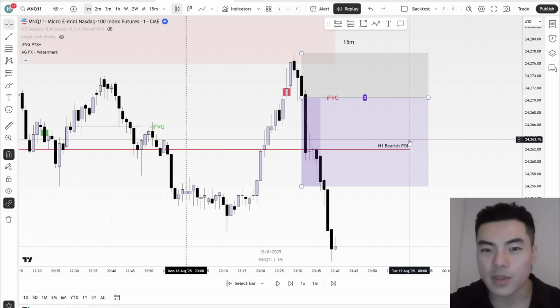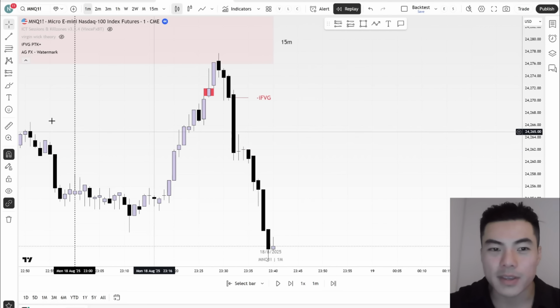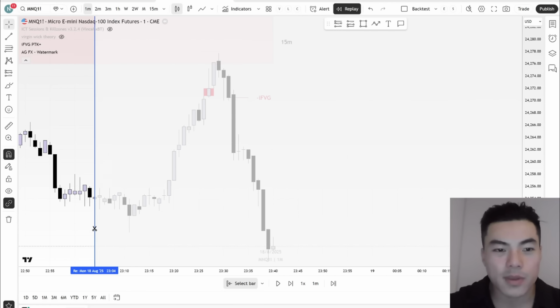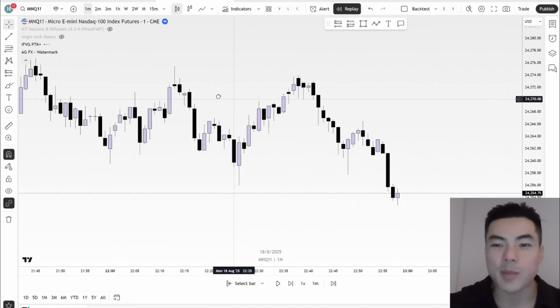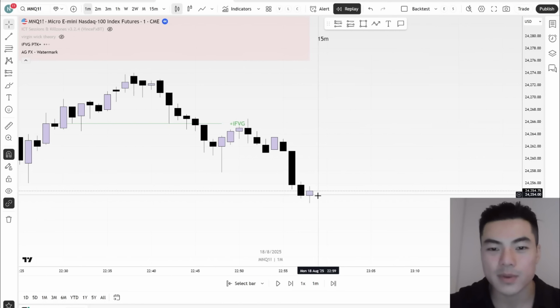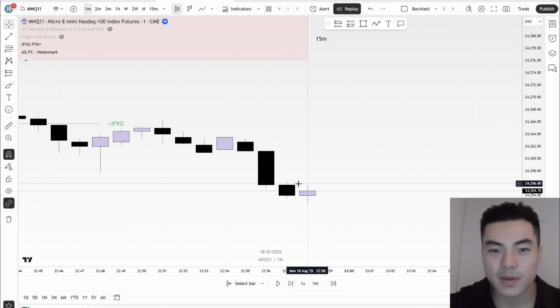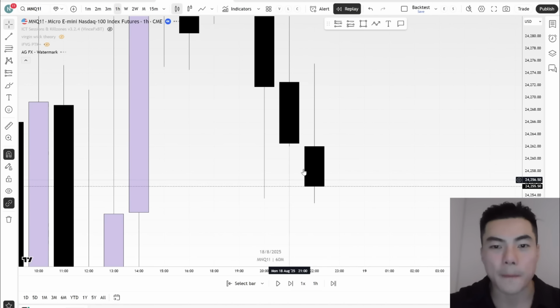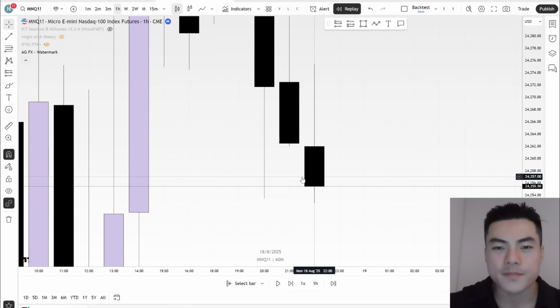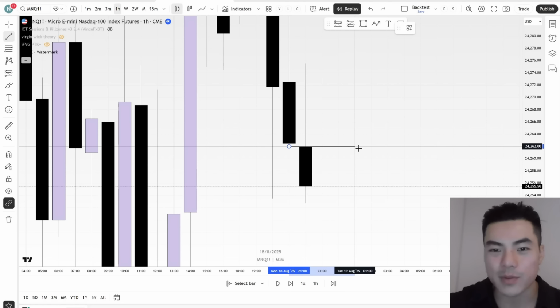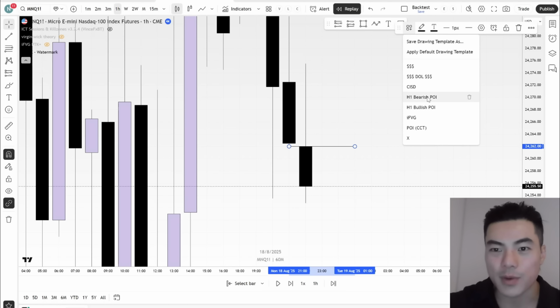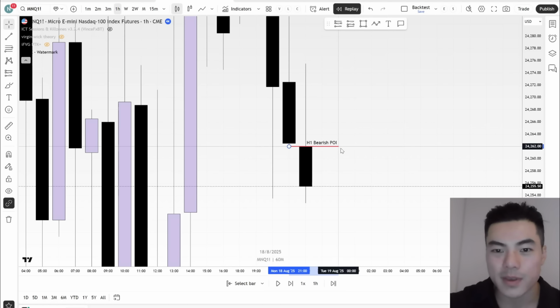All right, so here's a nice example of a plus trade with a higher time frame fair value gap present. So this 10 p.m. candle closes through this virgin wick, creating your bearish point of interest there.